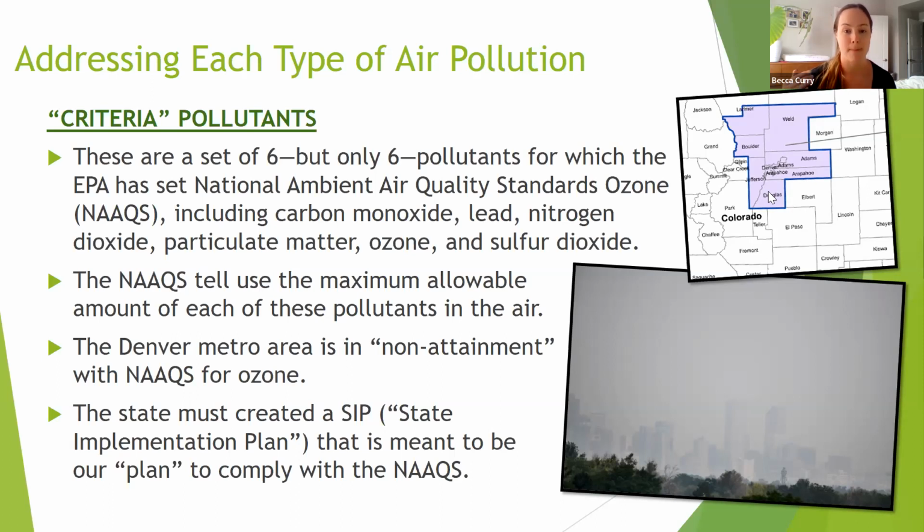We have been exceeding that level by quite a bit here, and the problem is getting worse. So us being in non-attainment here in the Denver metro area means that the state has to put together what's called a SIP, a state implementation plan, which is supposed to be the state's plan to comply with the standard and get back into attainment.